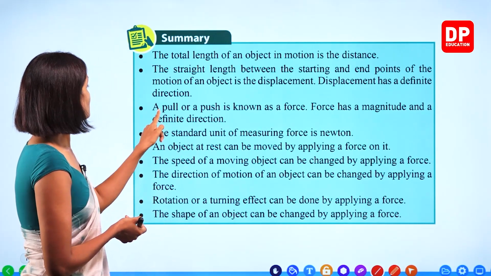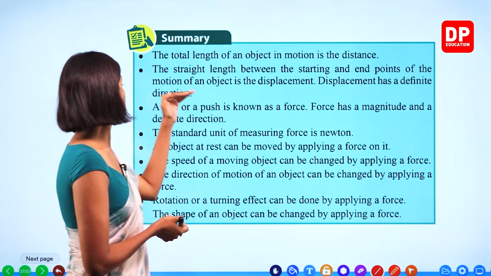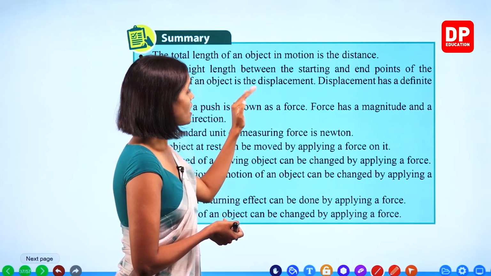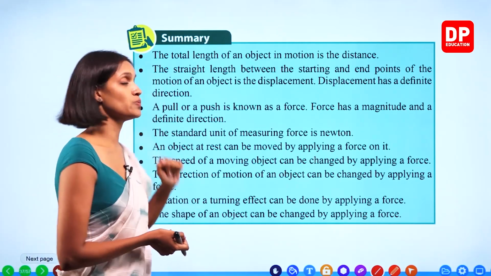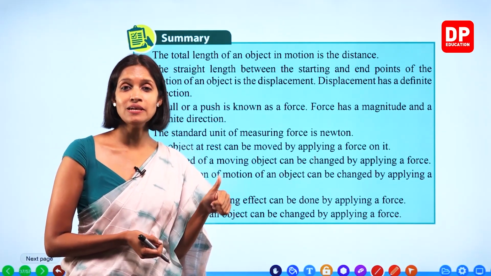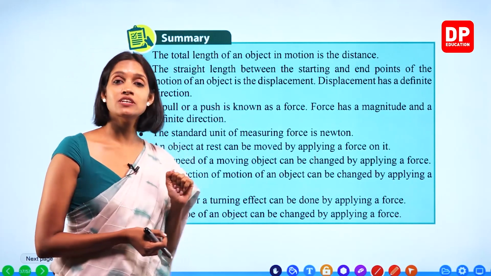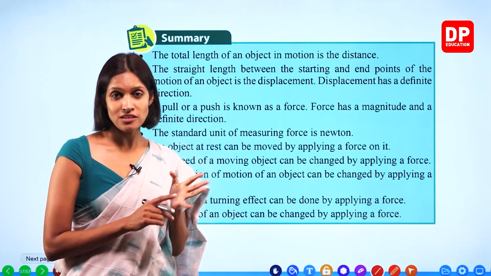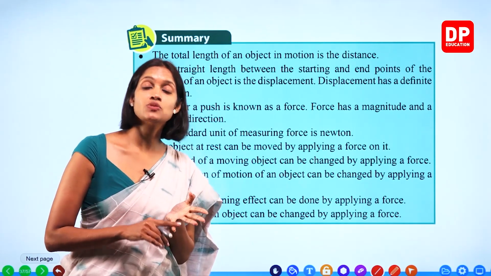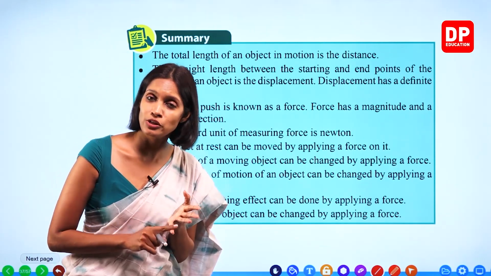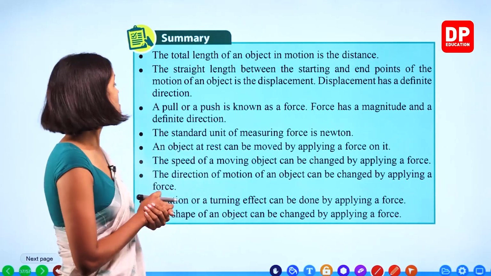Then we learned a pull or a push is known as a force, and force has a magnitude and definite direction, just like displacement. And further we learned that these types of quantities with both direction and magnitude are known as vector quantities. And the quantities without a direction, with only the magnitude, are known as scalar quantities.